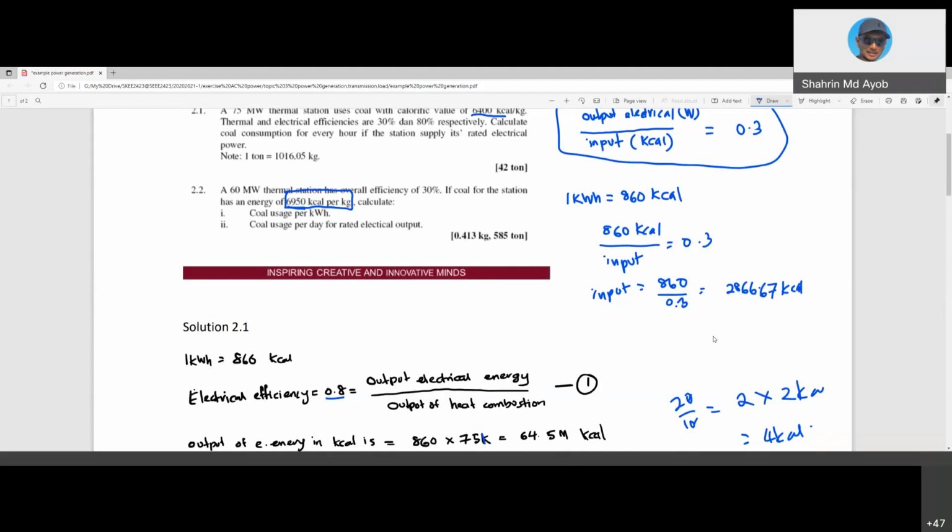So from here, the amount of coal is actually 2866.67 over 6950, this one per kilogram, kcal per kg. This one is actually kcal, right? So you can calculate it, and you will obtain the value 0.413 kilogram.